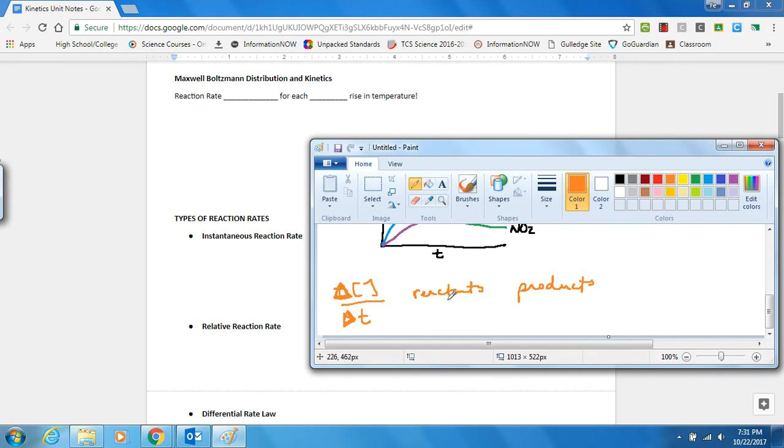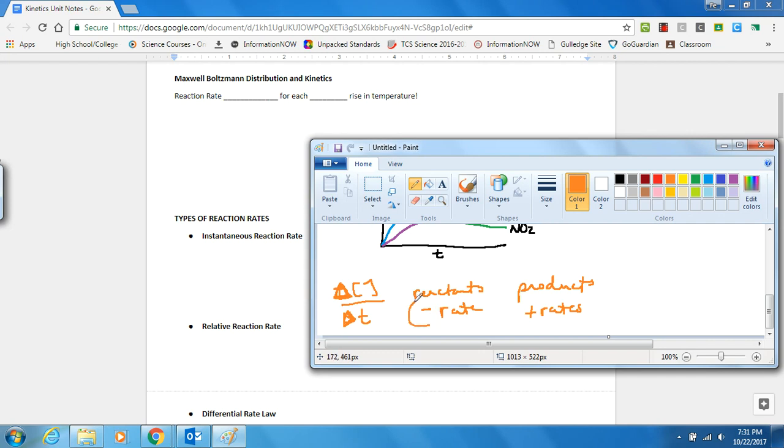Well, those reactants are being used up, right? Since those reactants are being used up, they have negative rates. Their concentration is decreasing over time. My products, on the other hand, I'm producing those products. So products have positive rates. They're being made. Their concentration is increasing over time.